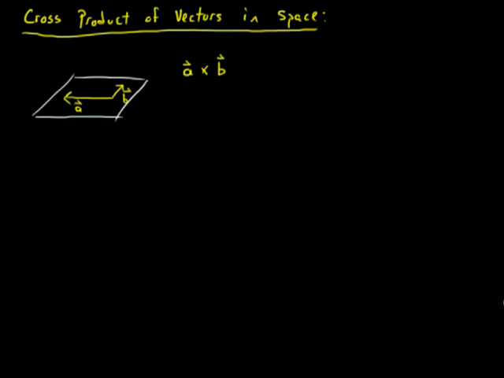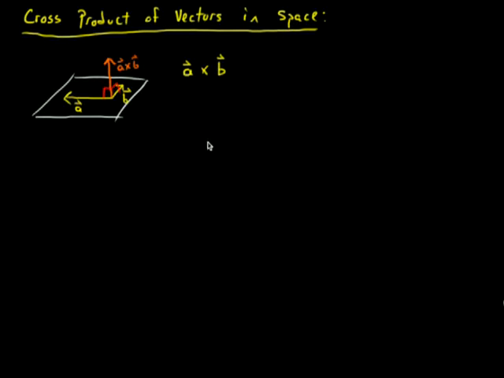And this new vector is specifically going to be the vector that is perpendicular to both of vectors A and B, as well as the entire plane that they are on. So it would be perpendicular to both of those and this entire plane. This is valuable in certain physics problems when calculating forces like torque or different things like that. So this is going to give us an actual new vector, not just some number.